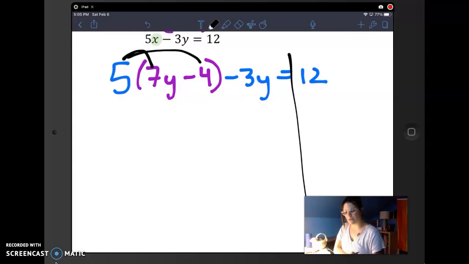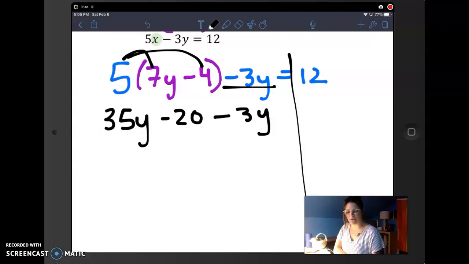So distribute. We're going to do 5 times 7, that's 35, and then we're also multiplying by y, so we're going to put the y next. We got 5 times negative 4, which is negative 20, and then this negative 3y is outside of the parentheses. It's not doing anything, it's just chilling, so we just rewrite it.